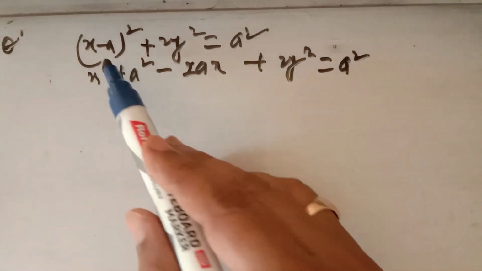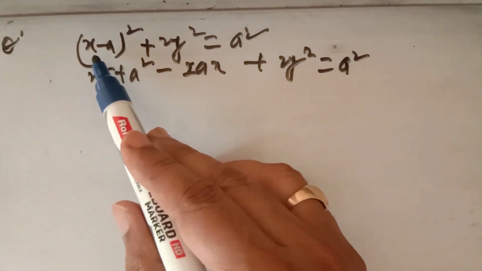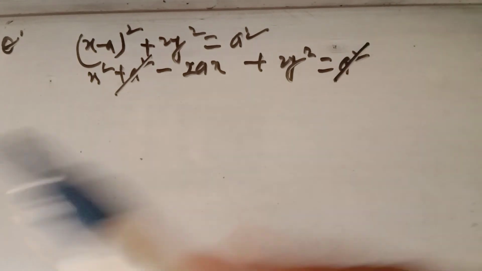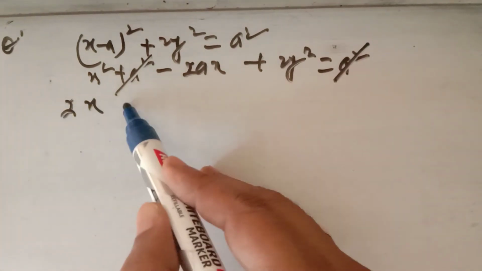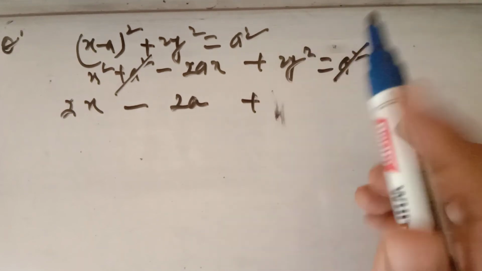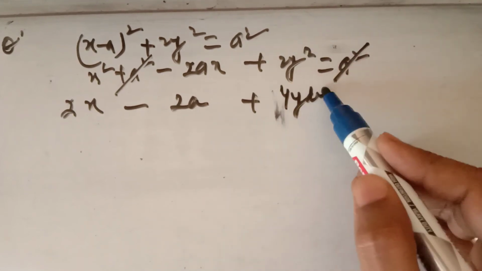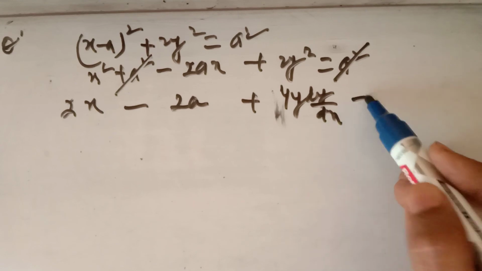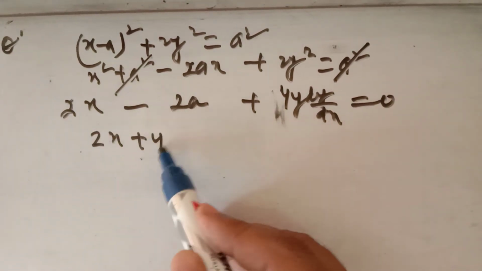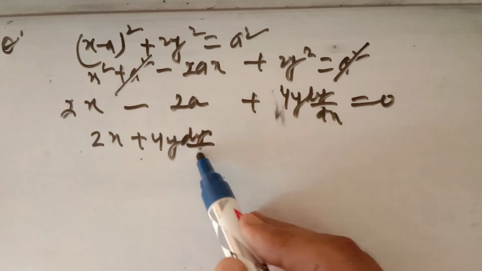So what I have done, I have found the square of this x minus a whole square. A square will be cancelled out with this square, so you can differentiate it: minus 2a plus 4y dy by dx equal to 0. Now you can easily find the value of a.